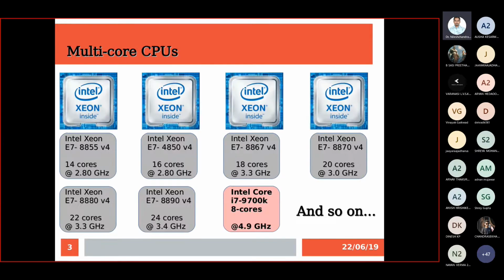Fine. So these are some Intel processors where we can have multiple cores. For example, Xeon processors are there with different series. We are having 14 cores here, 16 cores, 18 cores, or even 24 cores, right?